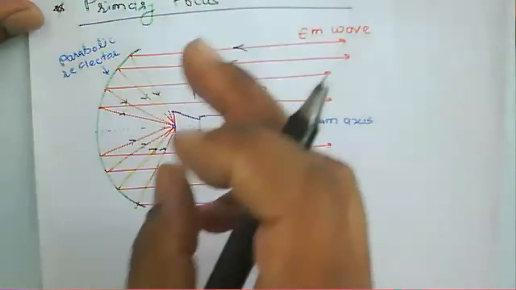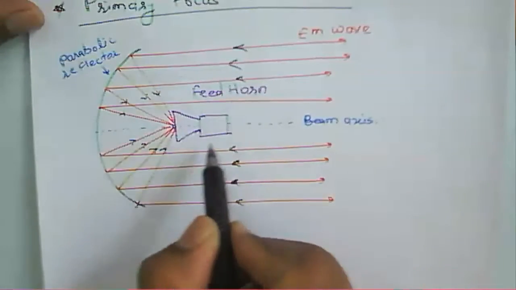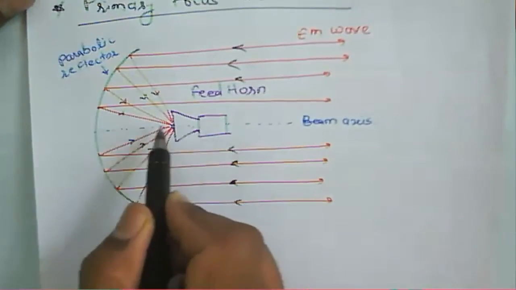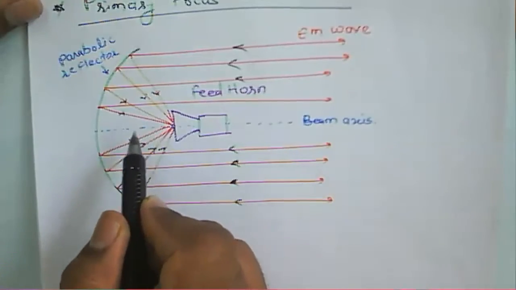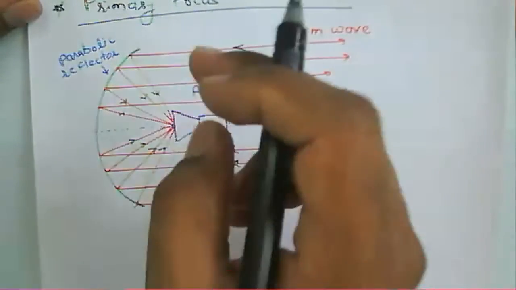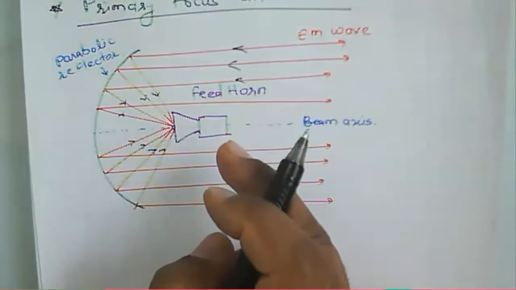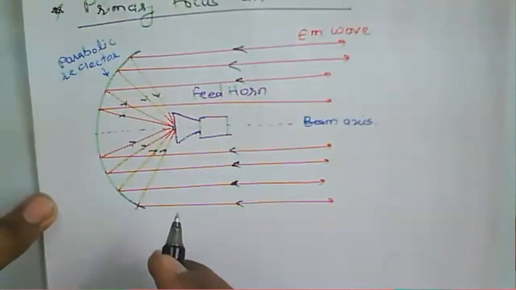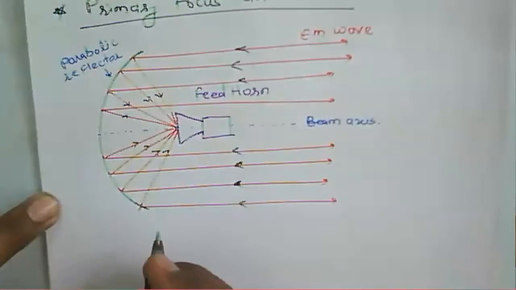To overcome this problem, instead of using the feed on this axis, we can place the antenna at an offset from the beam axis of this particular major reflector, and that is called an offset antenna. Okay, that is called an offset antenna.